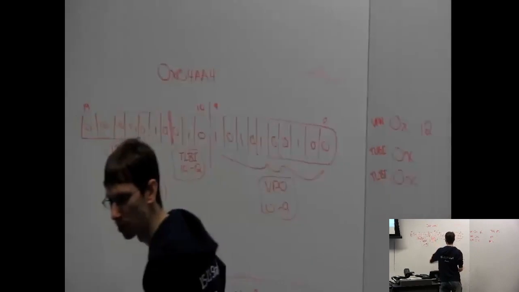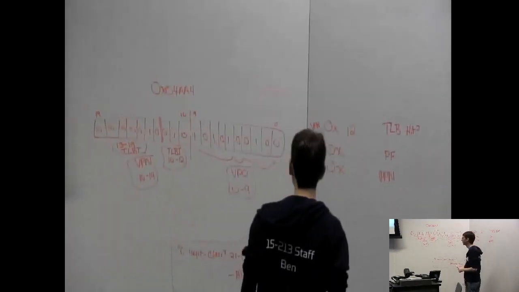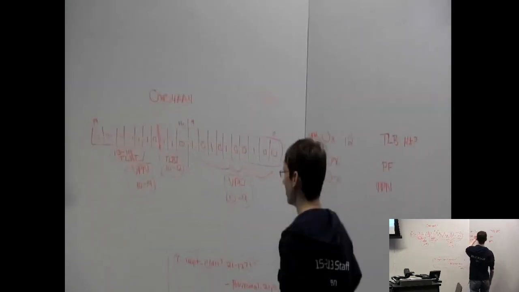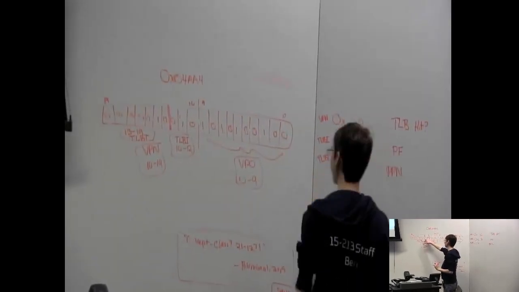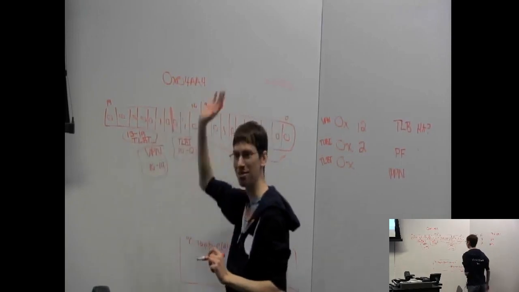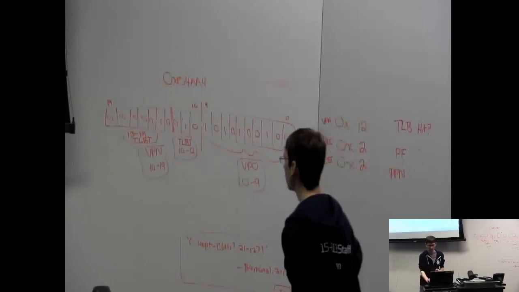So what's the TLB index? Any ideas? 010 is 2. Okay, and the TLB tag, hey, look, it's also 00010, 2. Okay, so now we've got the index and the tag, and we want to know if it's a hit or not.